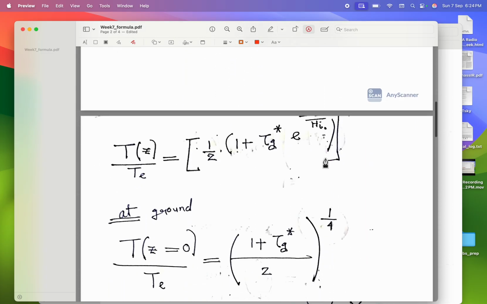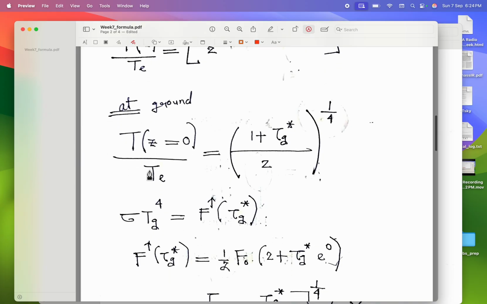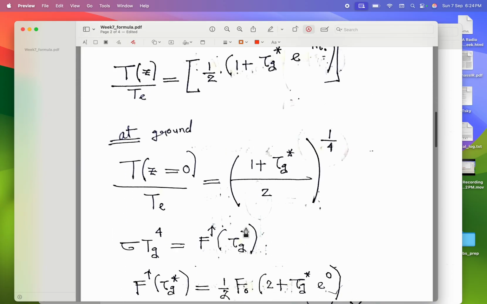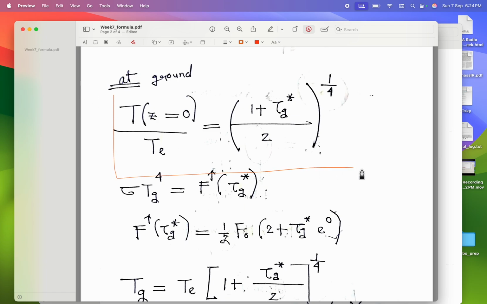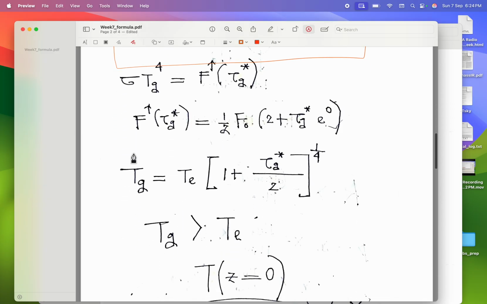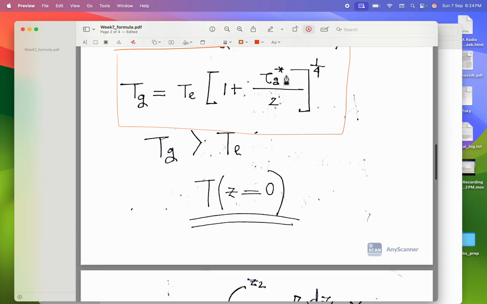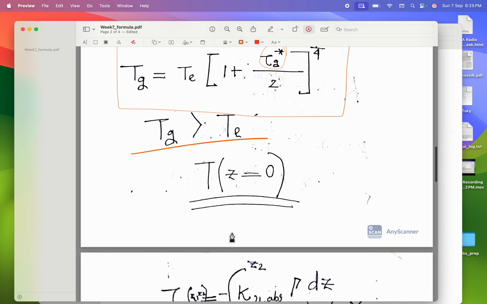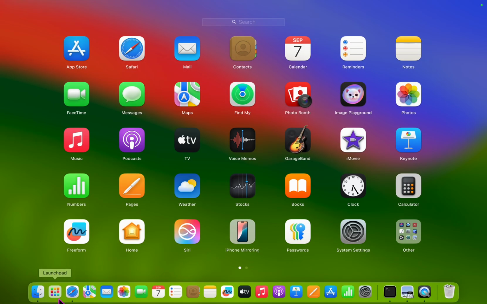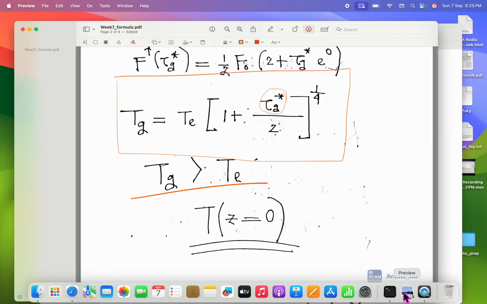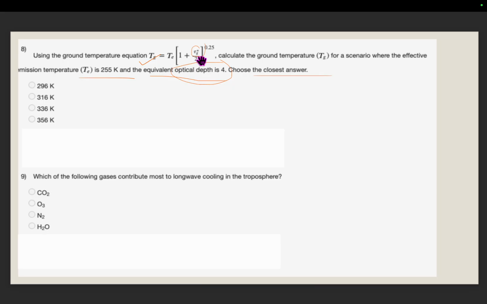And at the ground we can write this formula, and we can see that as tau g is greater than 1, the ground temperature is always higher than the effective temperature in this equilibrium atmosphere model, because this factor is always greater than 1, so Tg is always greater than Te.